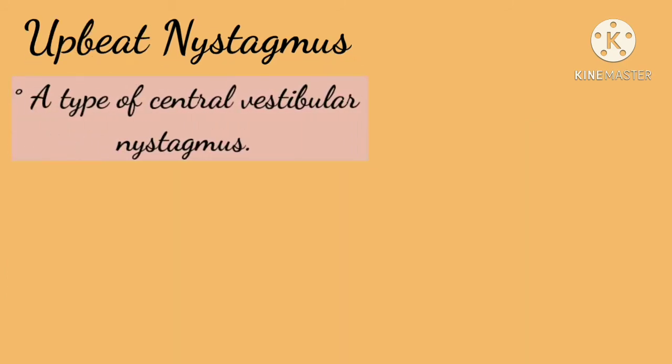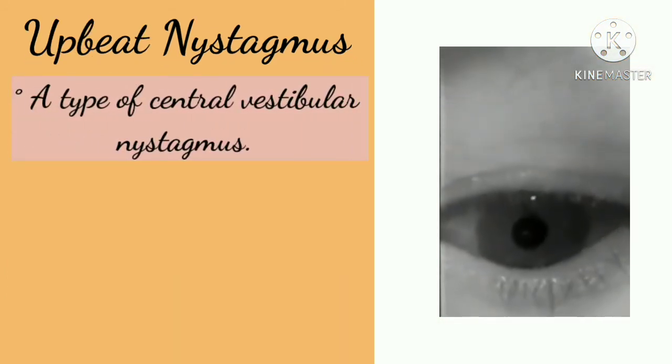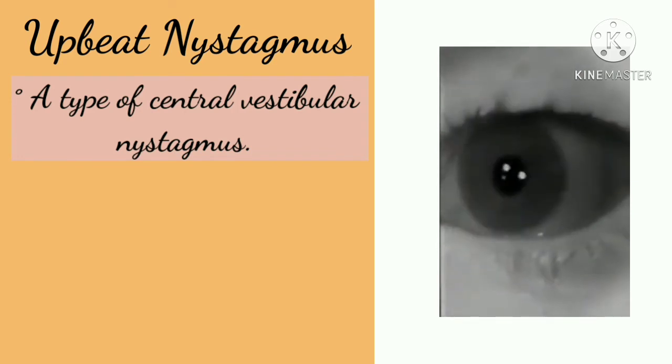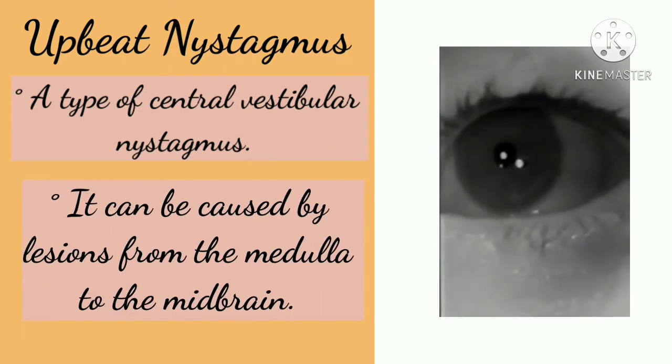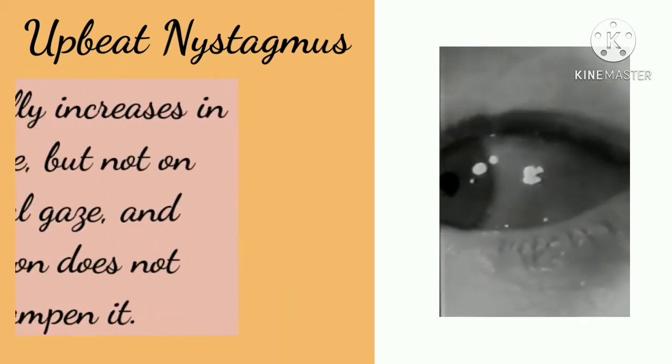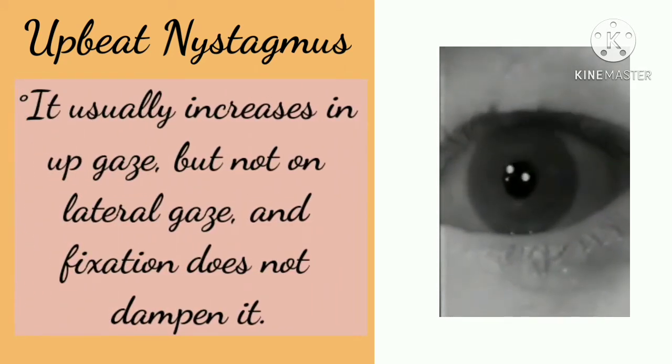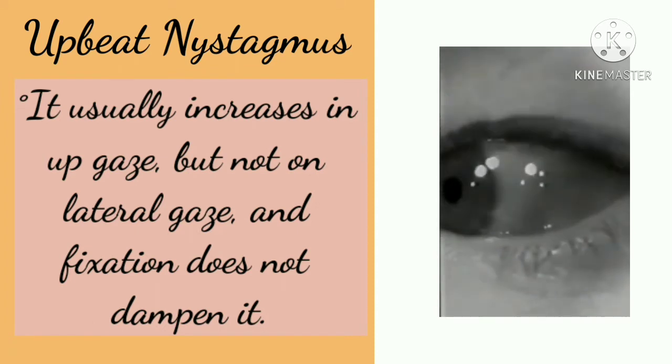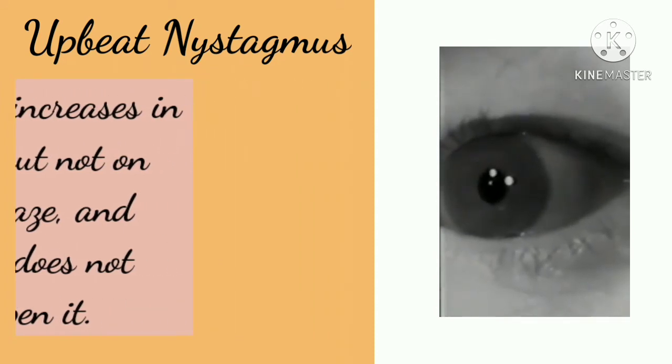Upbeat nystagmus. It is a type of central vestibular nystagmus. It can be caused by lesions from the medulla to the midbrain. It usually increases in up gaze but not on lateral gaze, and fixation does not dampen it.